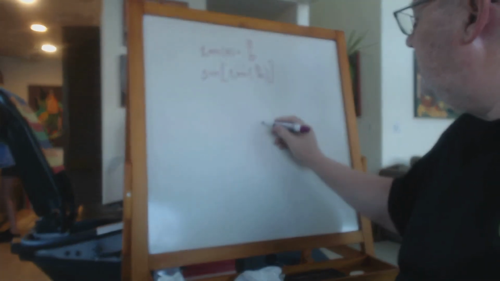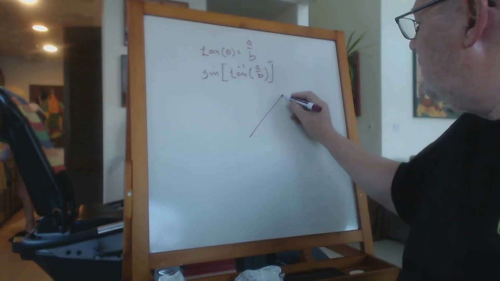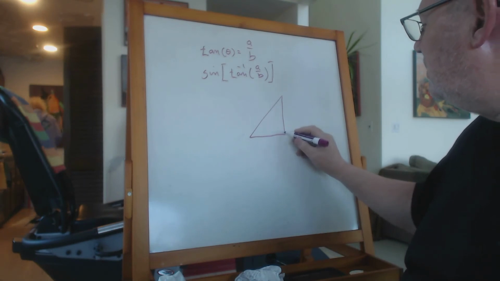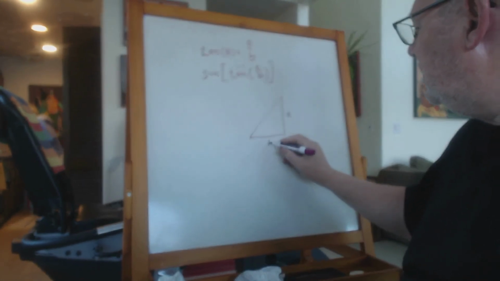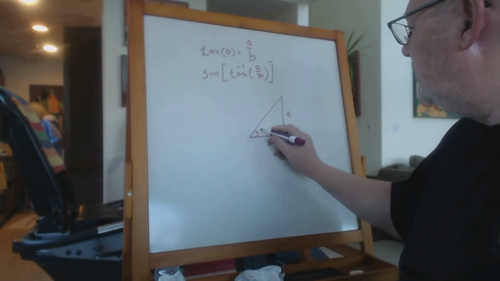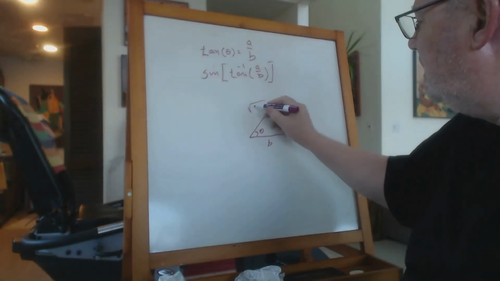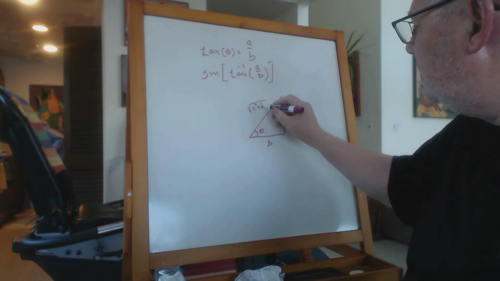Well, we know by definition that the tangent is a and b, and we could say that's theta, and the hypotenuse is the square root of a squared plus b squared.